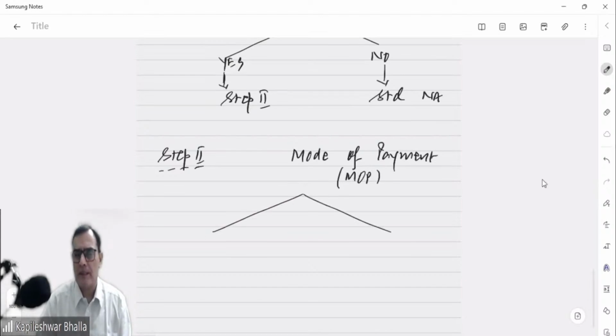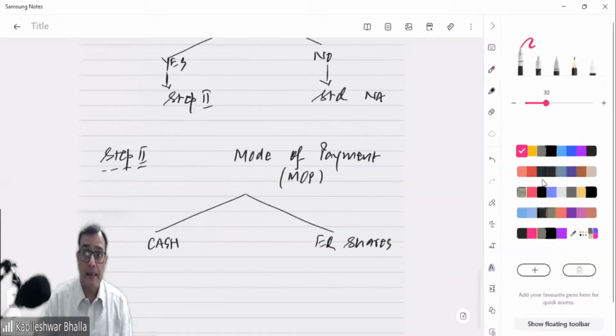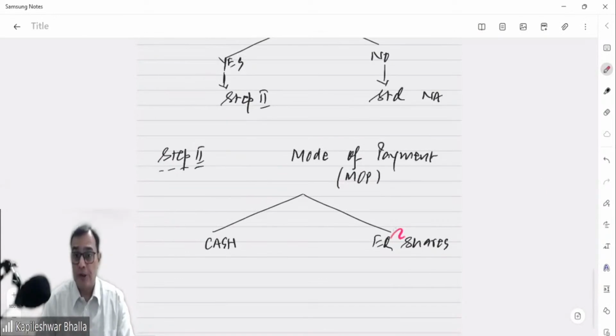Okay, so as I said, the mode of payment generally is going to be only 2. So you can say more or less this is an exhaustive mode of payment. Either the payment is made in the form of cash or the payment is made in the form of equity shares. The company uses its own equity shares as a currency note. So when I say equity shares, the standard allows that the company is using its own equity shares as a currency note.